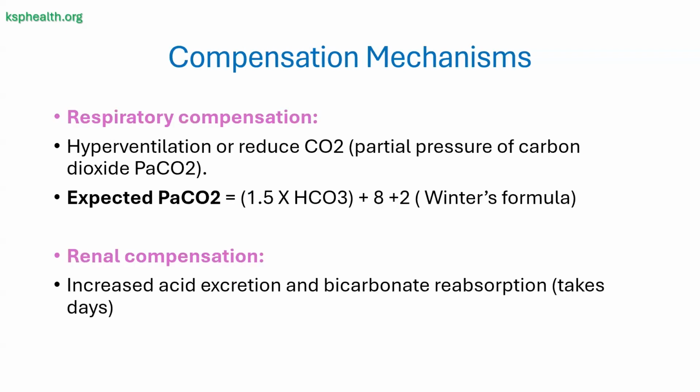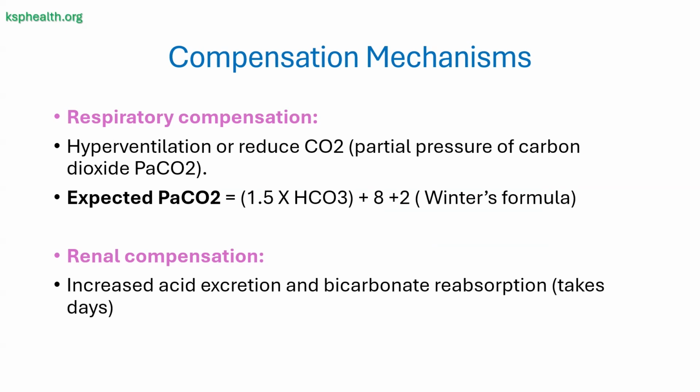When you have an acidosis, two kinds of compensation happen. One is respiratory compensation by eliminating carbon dioxide, and second is renal compensation. The respiratory compensation happens promptly. It happens within an hour, and its maximum is within 24 hours. The hyperventilation reduces carbon dioxide, which is partial pressure of carbon dioxide.